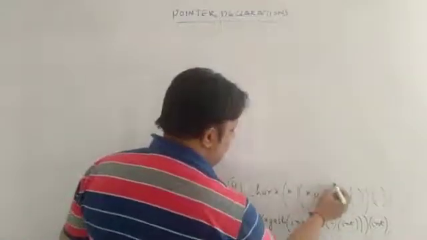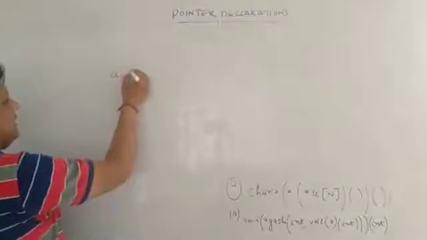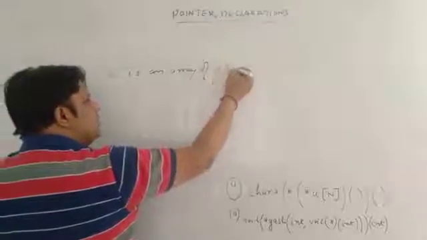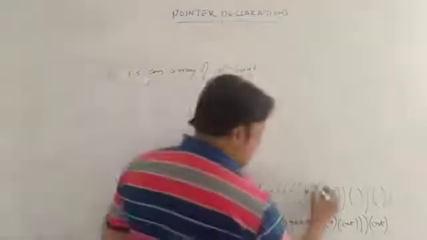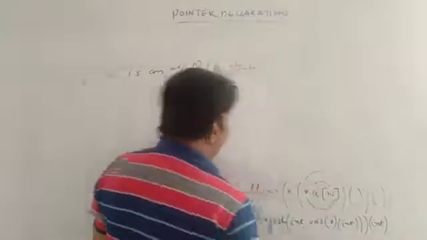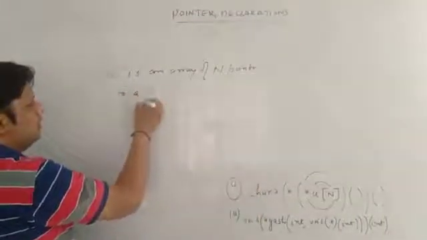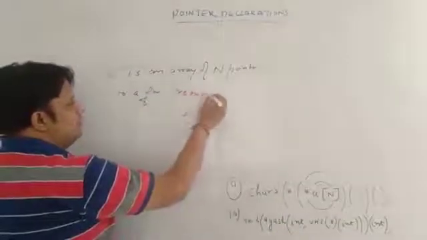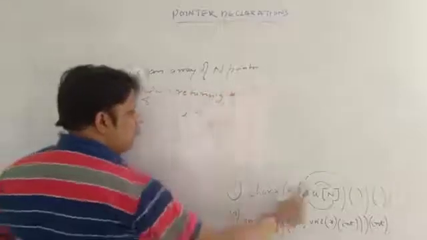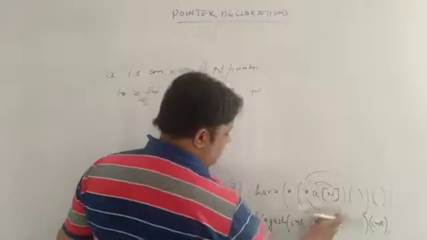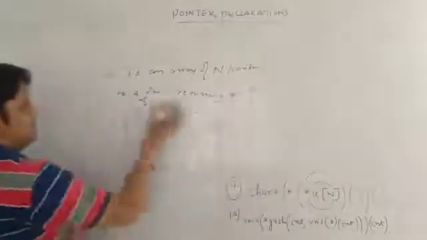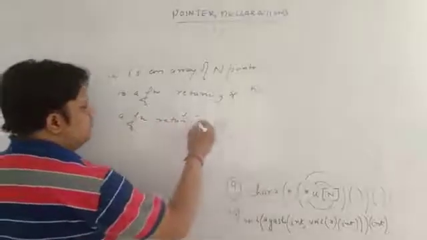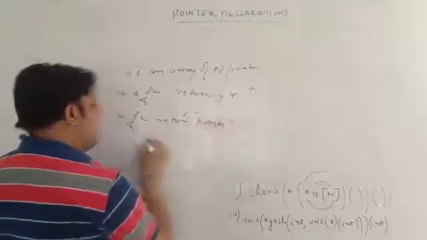In this, a is an array of n pointers to a function returning pointer to a function returning pointer to a function returning pointer to a character. Right.